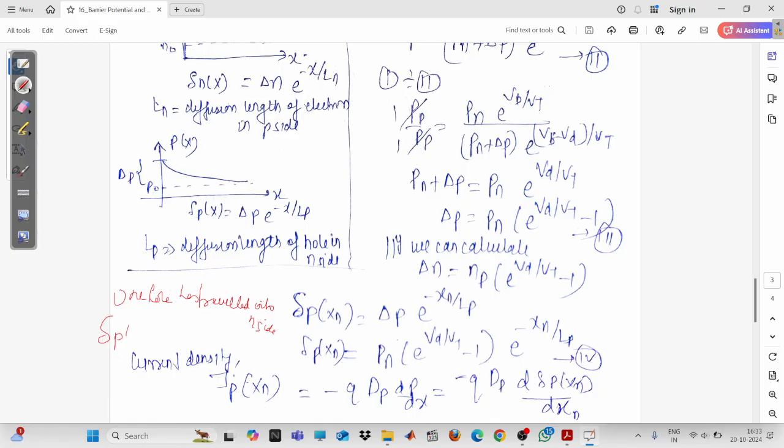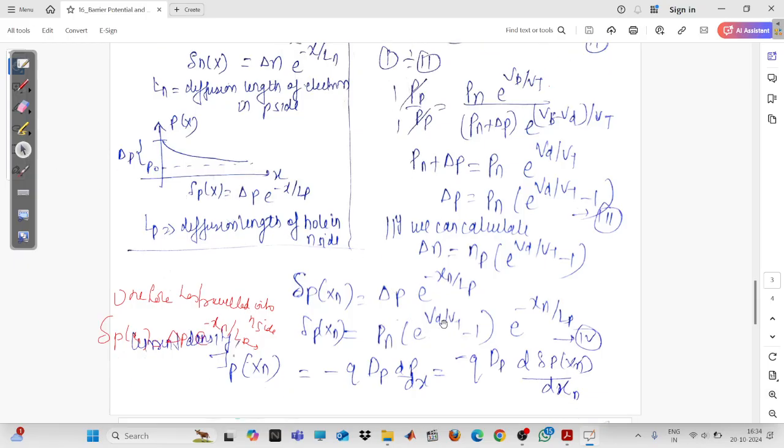We are talking about one hole, so this one will be delta p, e to the power of minus x. Where has it traveled? Into the n side, so we will have to write xn, and this is the diffusion length of the hole. This should not be Ln. Ln means the diffusion length of the electron. What has traveled? A hole has traveled. Where has it traveled? Into the n type. So that's why we have written e to the power of minus xn upon Lp.